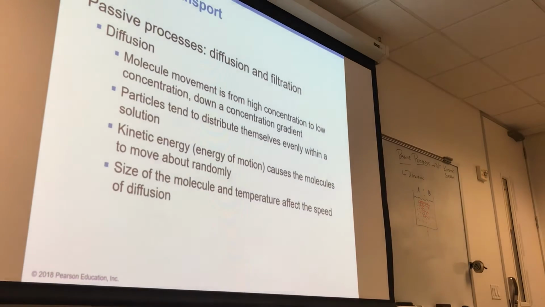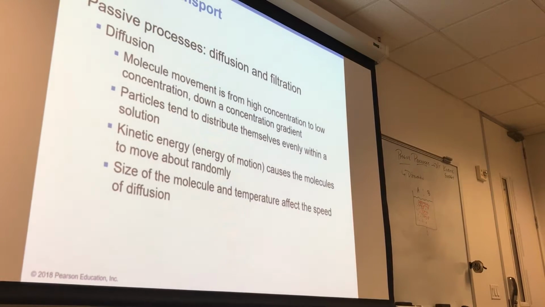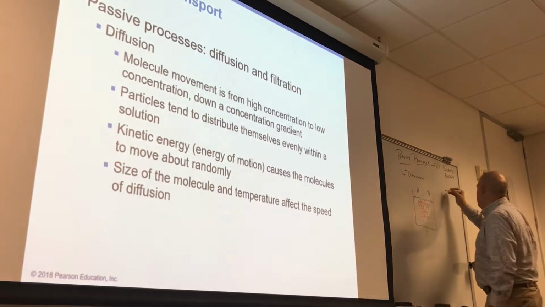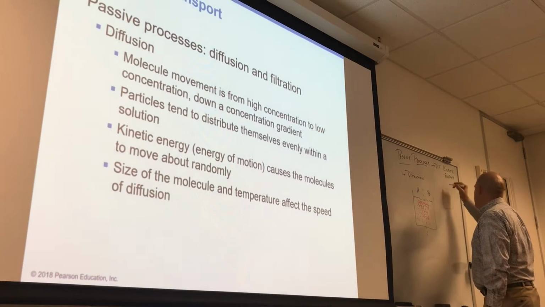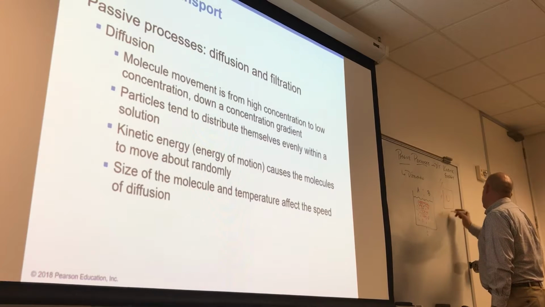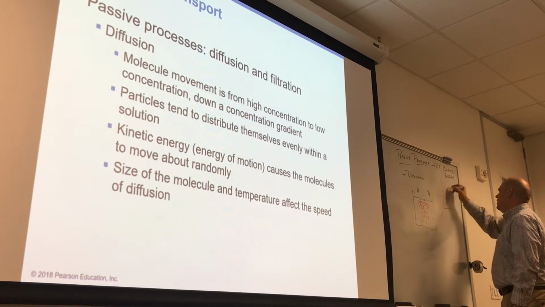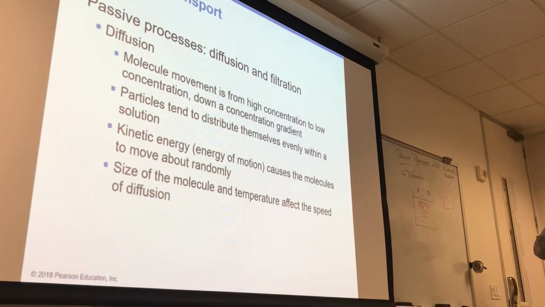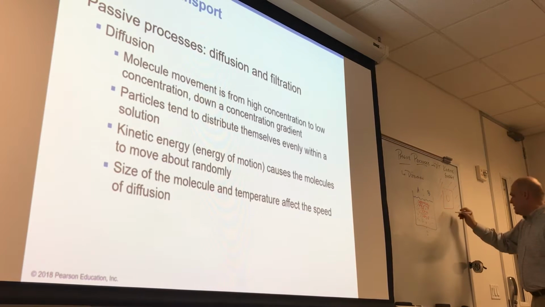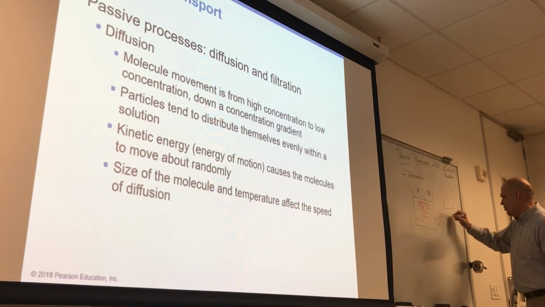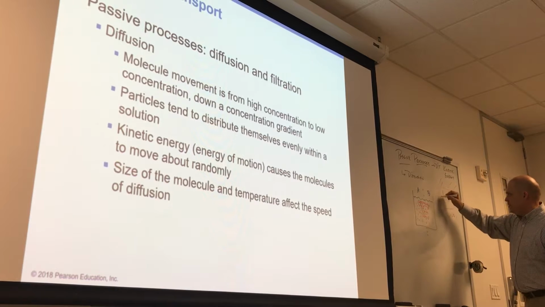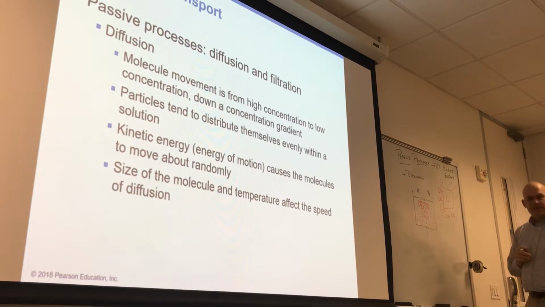So once side A and side B are equally distributed, diffusion will stop. So if here is our cell, here's the fluid outside of the cell, and the inside of the cell doesn't have any oxygen. The outside of the cell is loaded with oxygen, which has been delivered to it by the bloodstream.